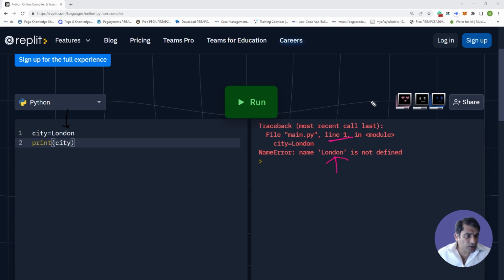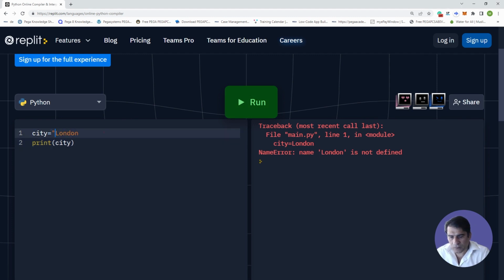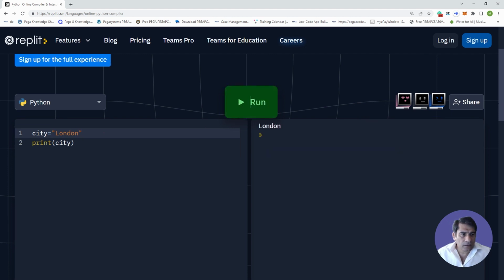So what we need to do, if you want to make it the data, you have to close that thing in speech marks. And now let's run this thing again. Perfect. So now it has created a variable with the name of city and it stored that data because the variable will only contain the data.